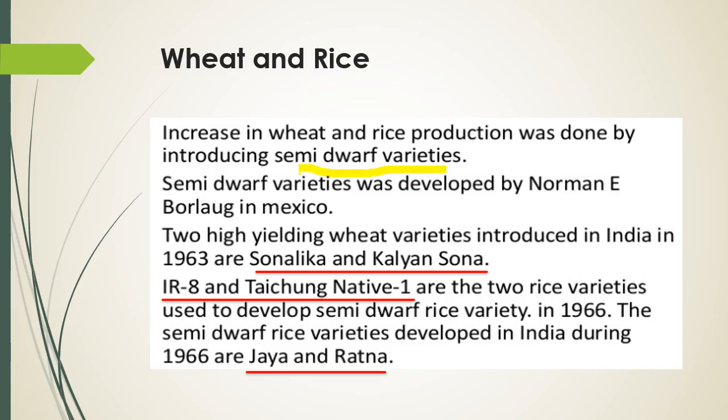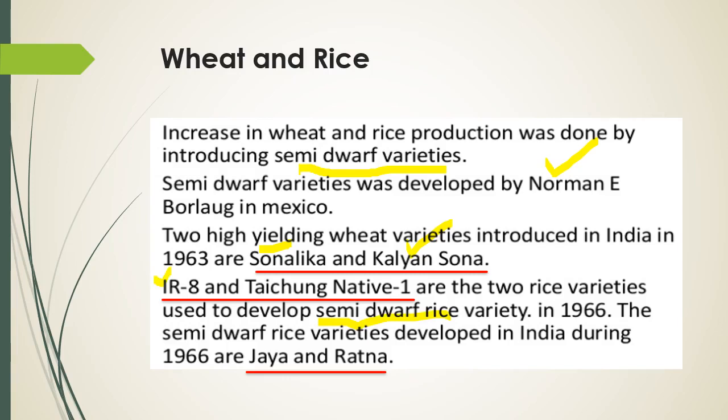The semi-dwarf varieties were developed by Norman E. Borlaug in Mexico. And the two high-yielding Indian varieties of wheat that we are using here are Sonalika and Kalyan Sona. You have to learn these names. About rice also, they developed semi-dwarf varieties, IR8 and Taichung Native 1.